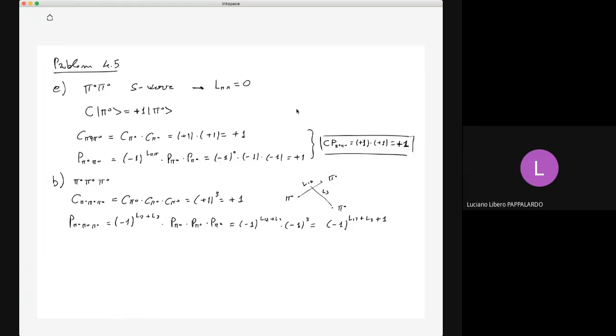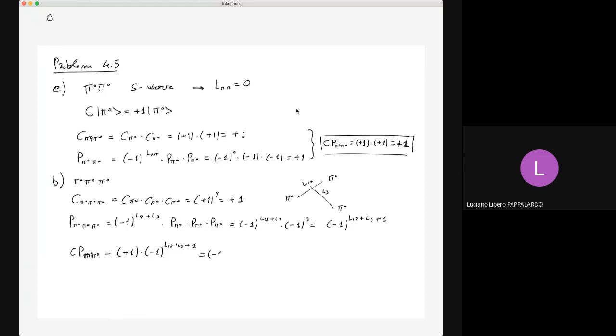Now, let's compute the product. So the CP for these three neutral pion system. The C is +1, as we calculated, and for the parity, we still have an ambiguity. It is L12 plus L3 plus 1. In this case, the value of C is irrelevant.